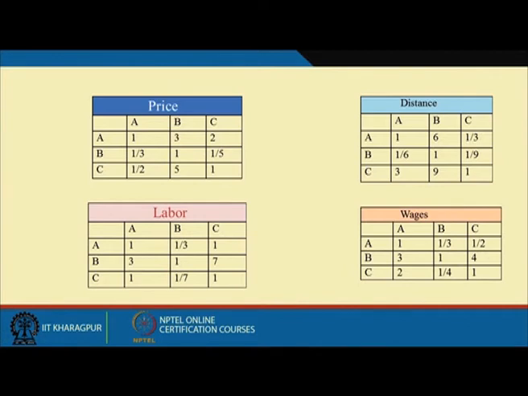There are 3 options A, B and C, because we have to take a decision on which location is preferred over the others. Are we going for a single option? That is another question, we do not know. This is only given to us, there are 3 locations.